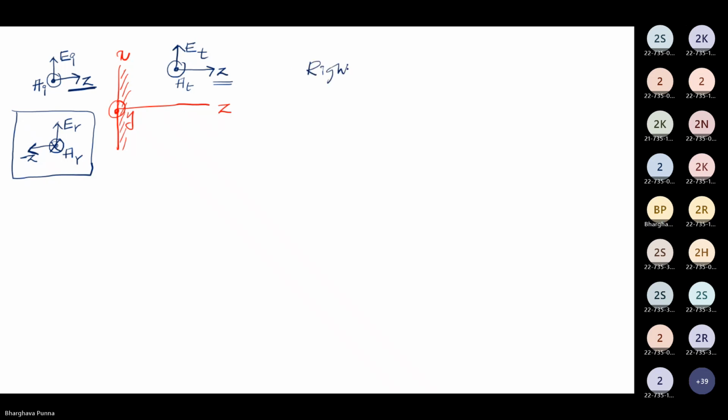Slowly try to understand. The thumb we use for the direction of propagation of the wave, the forefinger for the electric field, and the middle finger for the magnetic field. So throughout our topic, this is the criterion we are going to use.